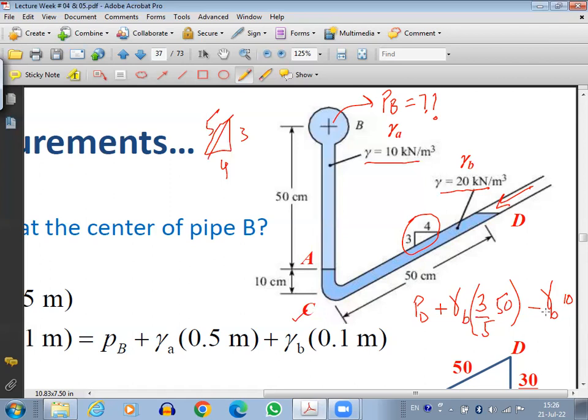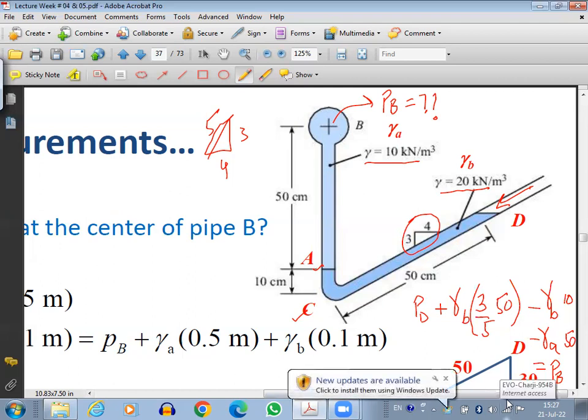It's better to convert everything into the basic SI unit and move on. Here I'm just doing it for explanation. So I have reached point A. Now I will move further up. So it's again negative, but this will be gamma A, and how much? 50. And this thing equals the pressure at B.